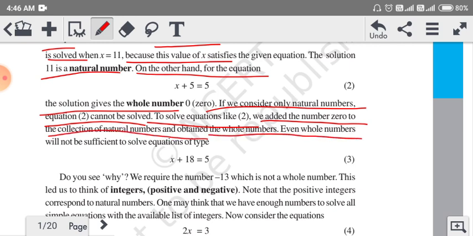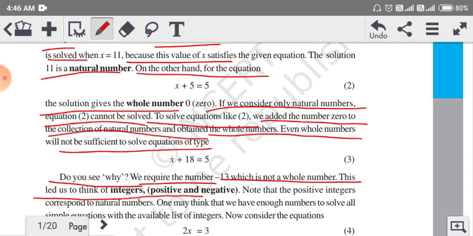Even whole numbers will not be sufficient to solve equations of the type x plus 18 is equal to 5. Do you see why we require the number minus 13, which is not a whole number? So this led us to think of integers, positive and negative.